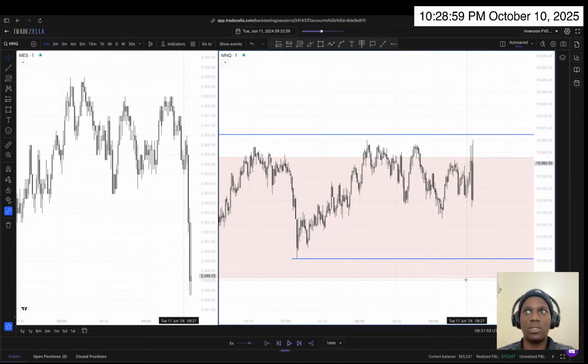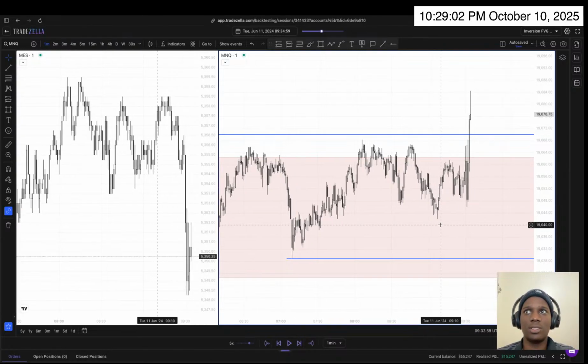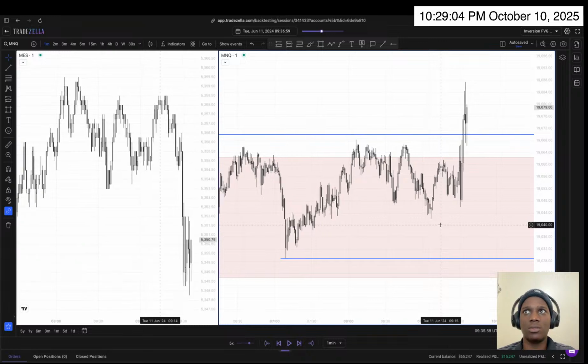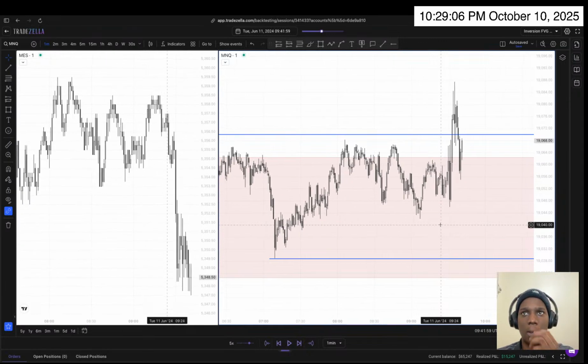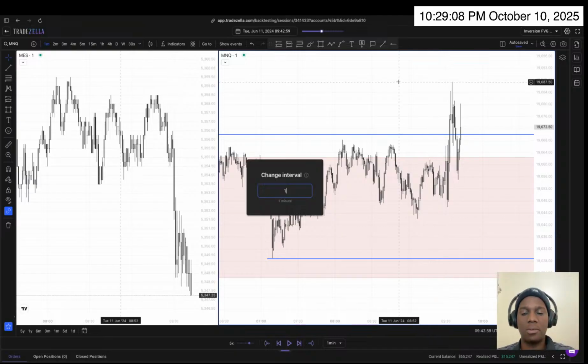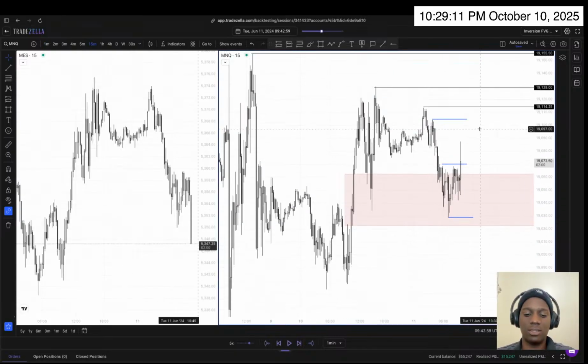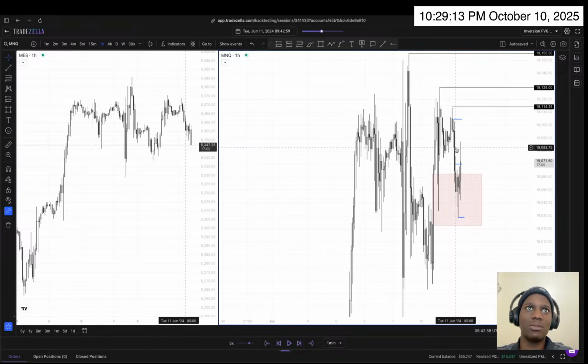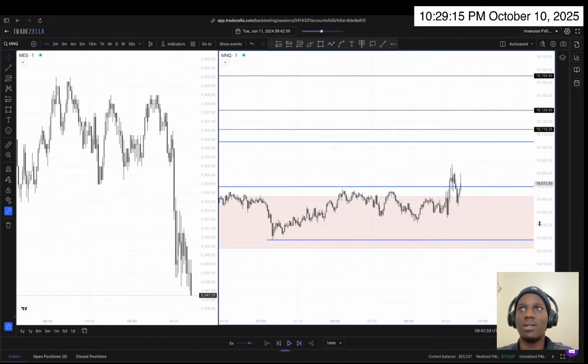Oh, open. Market drops on ES and Q is not dropping at all. Go up on the 5. Go to the 1 hour. First 1 hour. There's the 1 hour gap there.